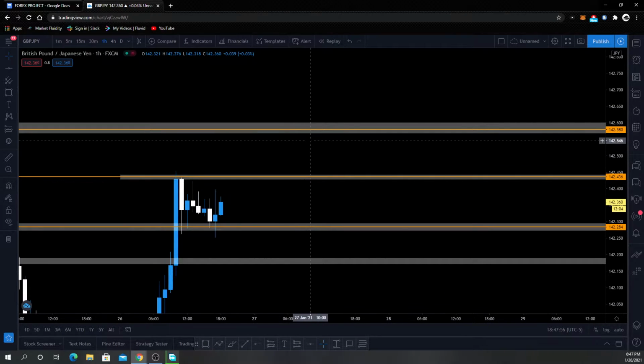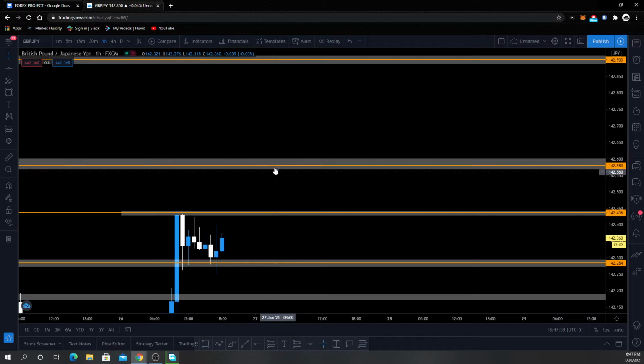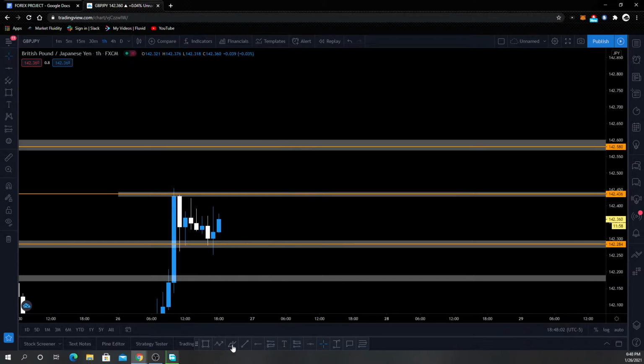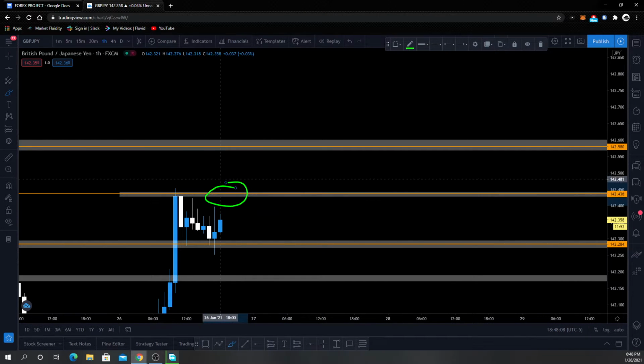So for us to get buys to target this level at 142,580, we would need the same as always, closes above. The reason I look for closes above this level is that it would indicate that this move up is not just a fake out. The price goes up and then falls back in, and then I end up in a situation where I don't want to be.